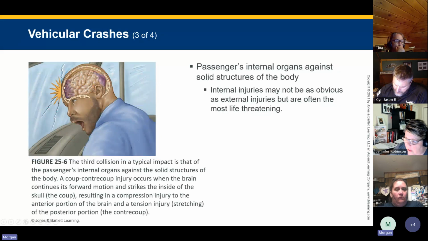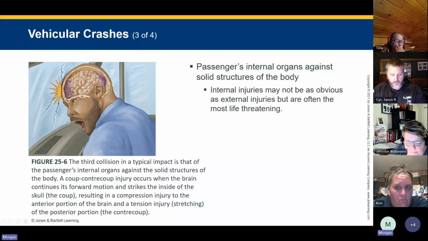So they're talking about coup and contrecoup. This is when the internal organs get moved around a lot. Because with a vehicle going 65 miles per hour, your body is still going 65, and even if the car stops, that energy is going to be transferred into your body, into your organs. So he was not wearing a seatbelt, this person, and he hit his windshield.